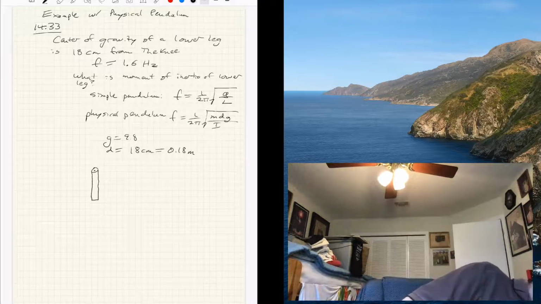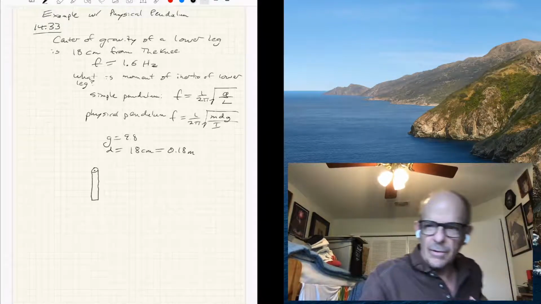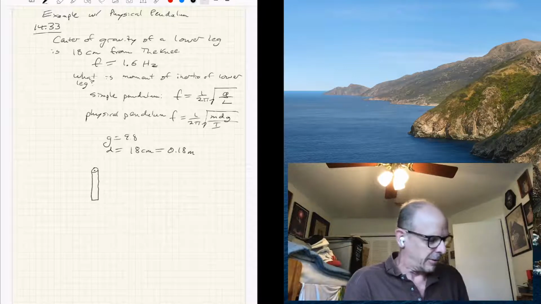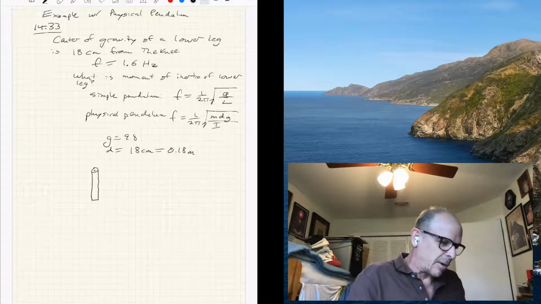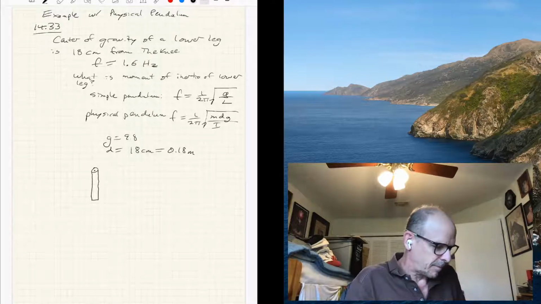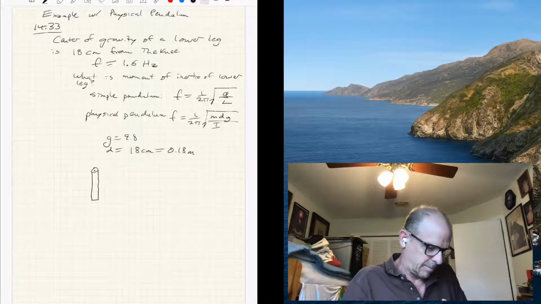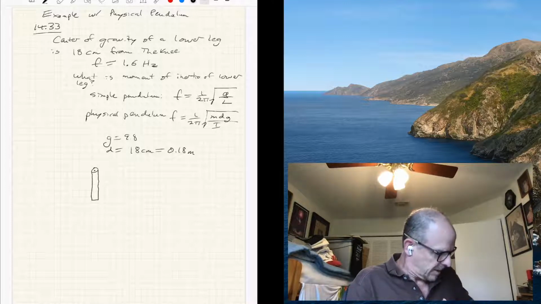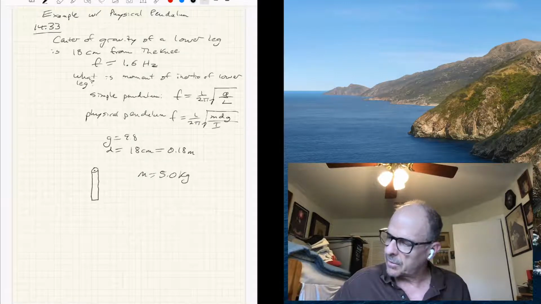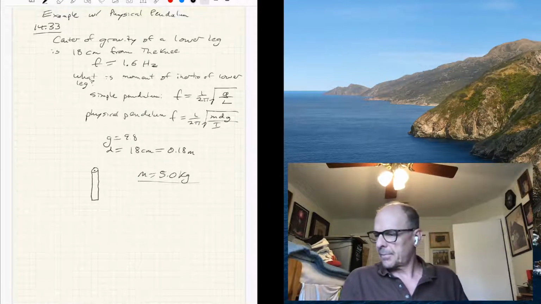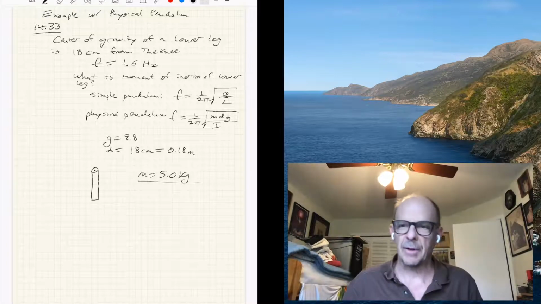And let me just make sure I'm not leaving out some essential piece of information from the problem. Oh, they do give us the mass. Well, that makes things a lot easier. M is 5.0 kilograms. Okay, that makes life much, much easier.